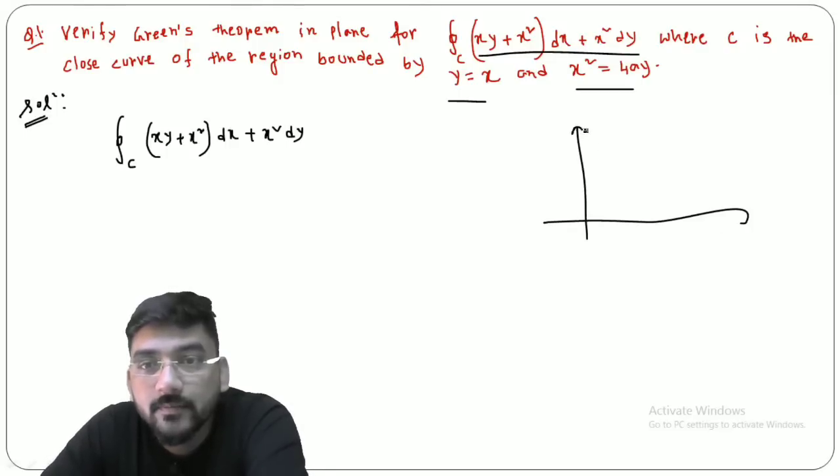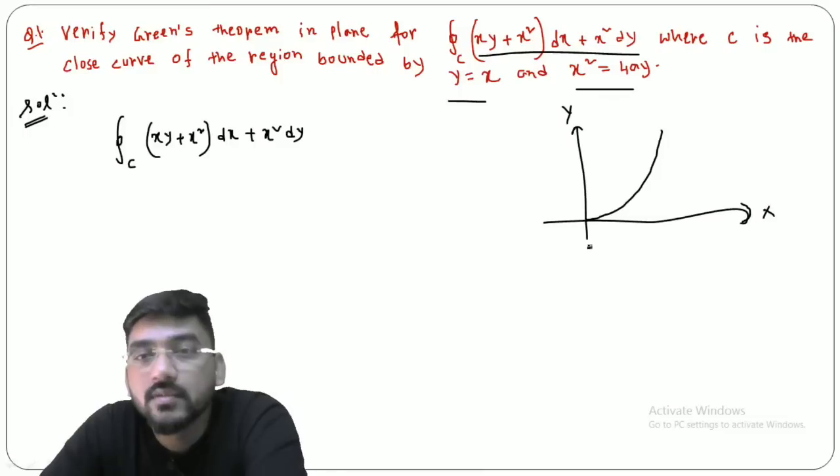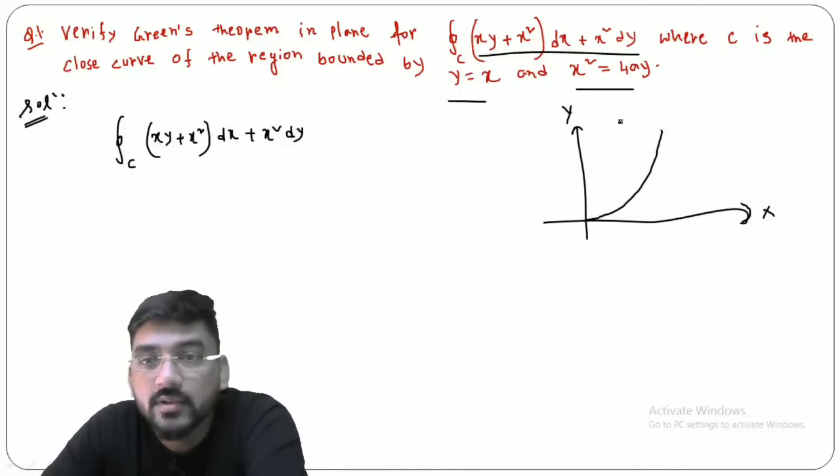If this is our y-axis and this is our x-axis, then the curve x squared equals 4ay will be like this. Let me draw only the positive side, because here y equals x.